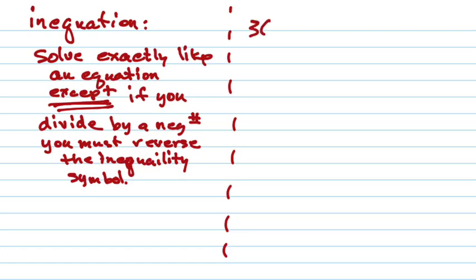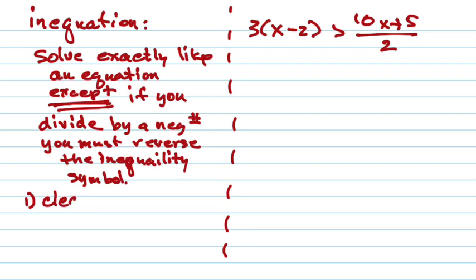We have our inequality, 3 times (x minus 2) is greater than (10x plus 5) over 2. So go through the steps. First, we want to eliminate the fraction. Or let's get rid of the parentheses first, I'm sorry. Oh, we don't call them parentheses. Clear the brackets.